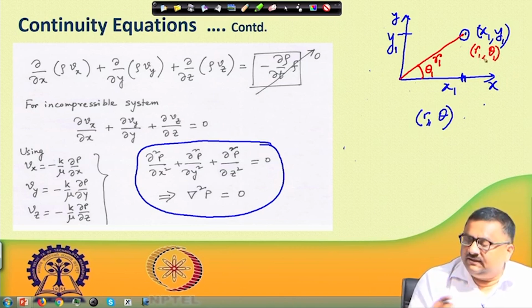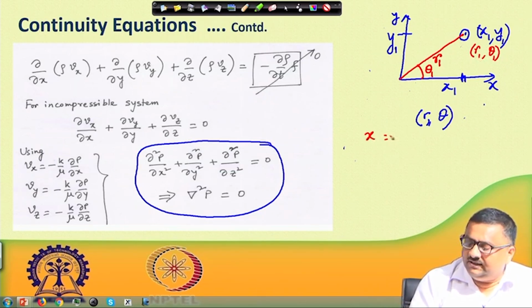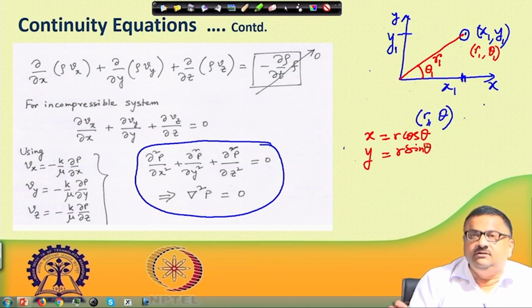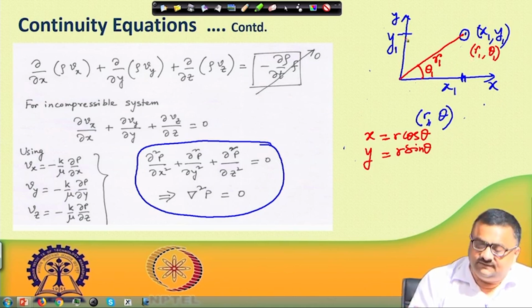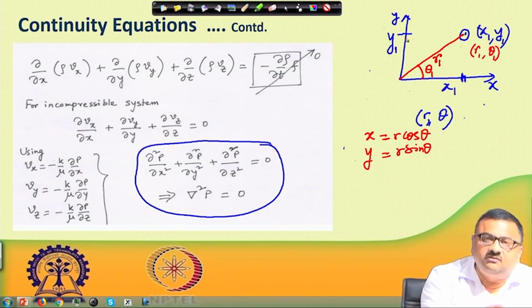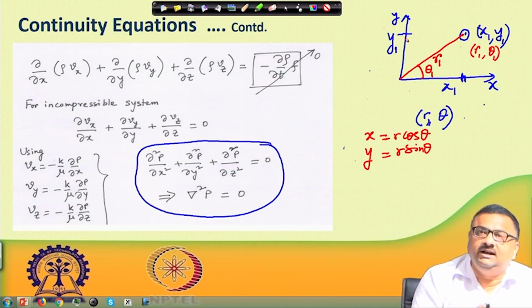In that case we do not have the x y axis anymore. In the r theta system, we can write automatically x is equal to r cos theta, y is equal to r sin theta. So, I do not need to rely on the x y system at all, I can work completely in the r theta system. That means I have to draw continuity not in terms of del x or del y, but on del r and del theta.